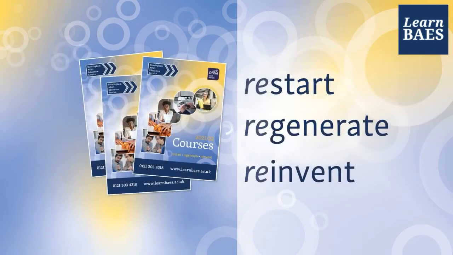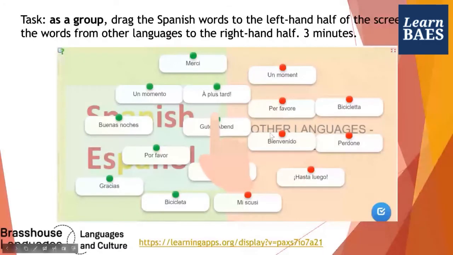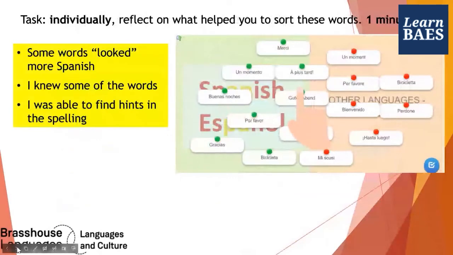And now we're going to reflect a little bit on what helped us to identify those words and to sort them in the right way, okay? So can we take a few seconds to think what is it that helped us in sorting or arranging them on the right section of the screen? Well, I knew some of the words in French, in Italian, and in German. Okay, perfecto, muy bien. Same for me.